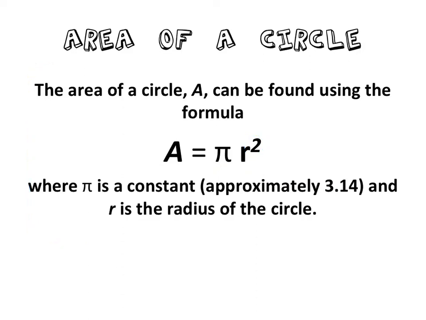So to work out the area of a circle, I grab pi and multiply it by my radius squared. A reminder, squared doesn't mean times by 2, it means r times r, or the radius multiplied by itself. Okay, let's have a look at some examples.